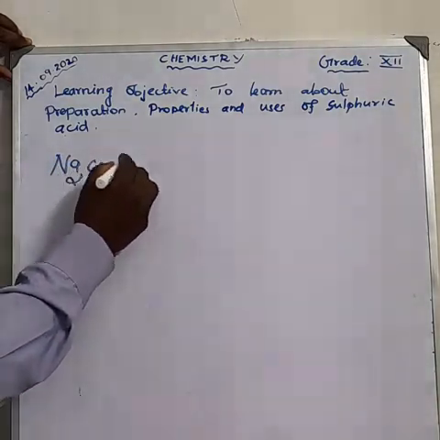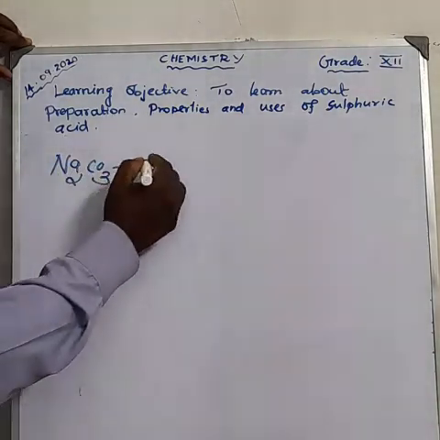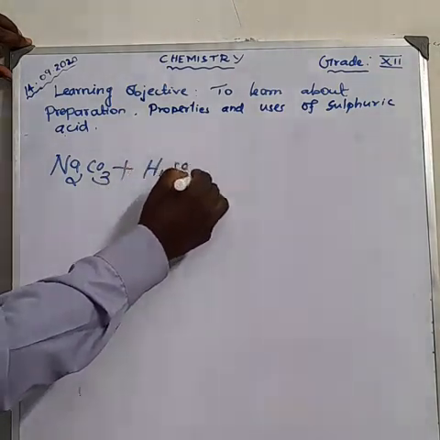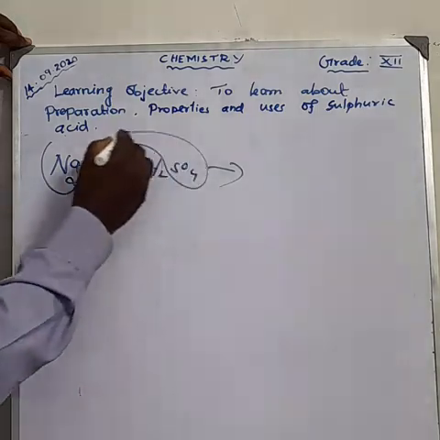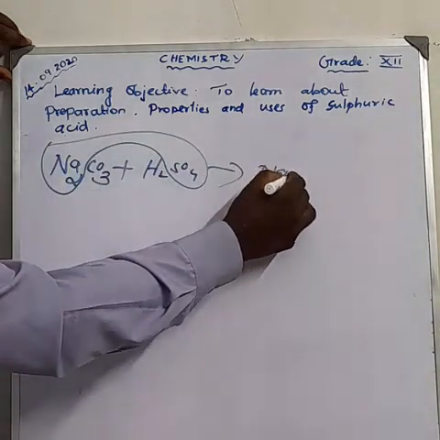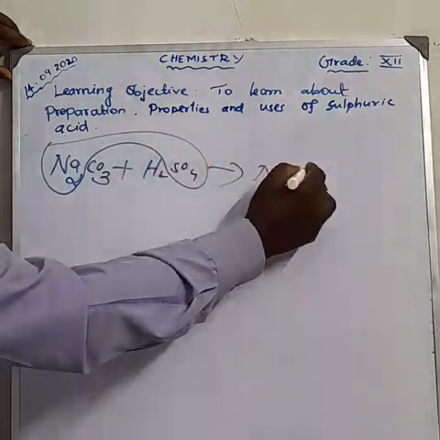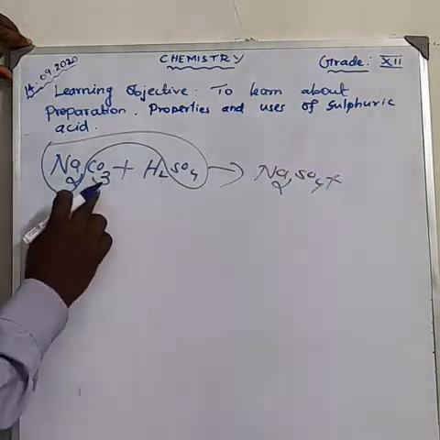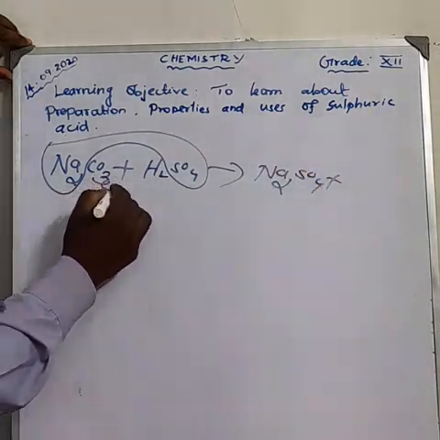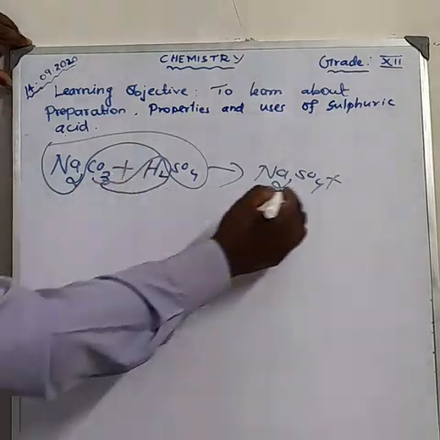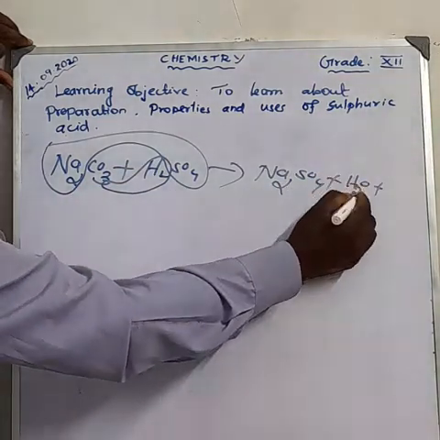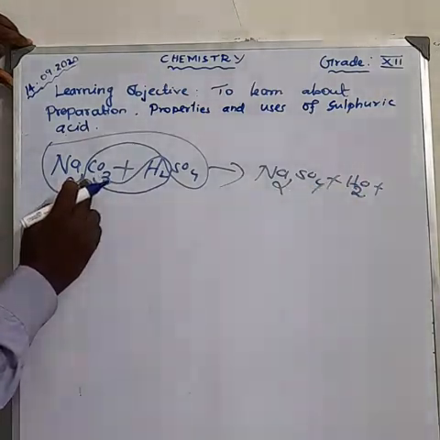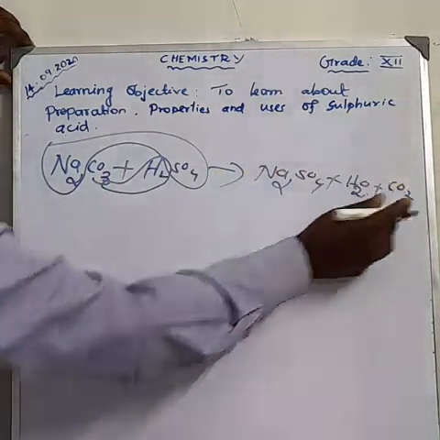So what are the products obtained? The sodium combines with the sulfate to form Na2SO4, plus one of the hydrogen combines with the O to form H2O, and also carbon dioxide.